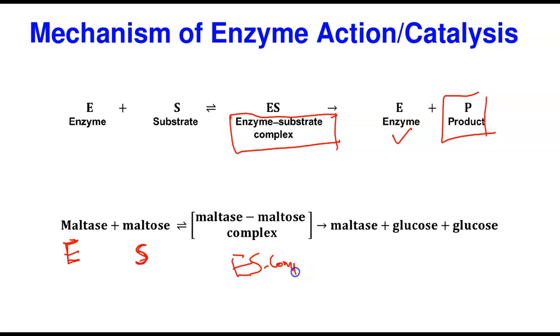This ES complex, like I was saying, the transformation is taking place here in the active site, using those functional groups. The moment the transformation takes place and converts this maltose to two glucose molecules, the maltase is released and the product, two glucose molecules, is released. So this is the schematic summary of the mechanism of action of an enzyme.